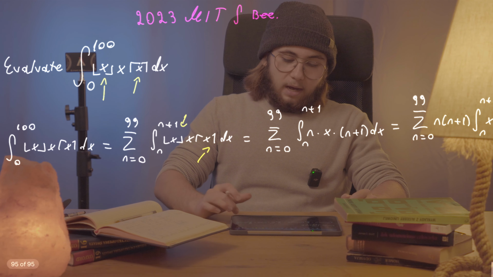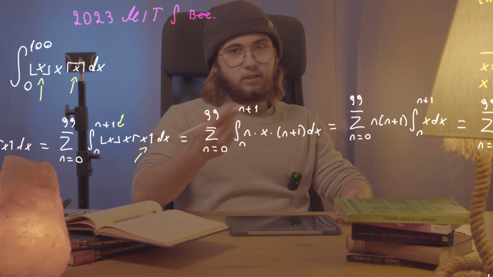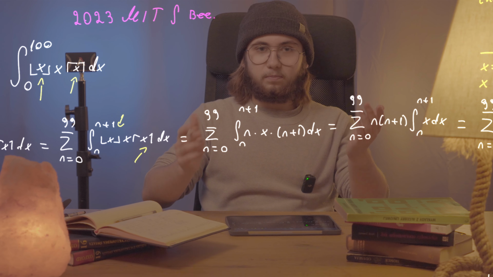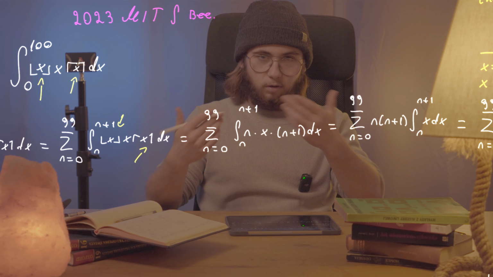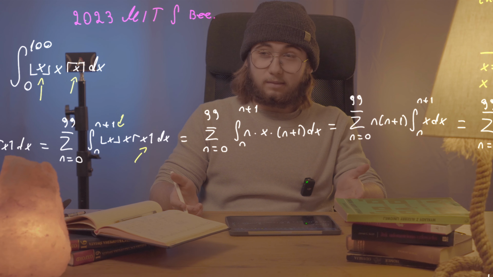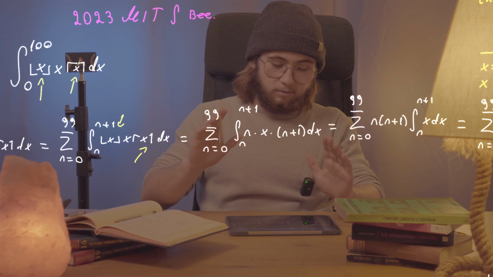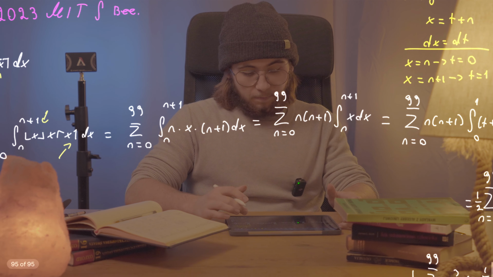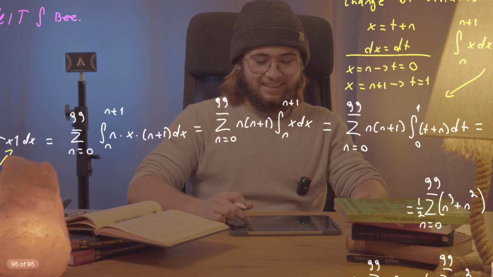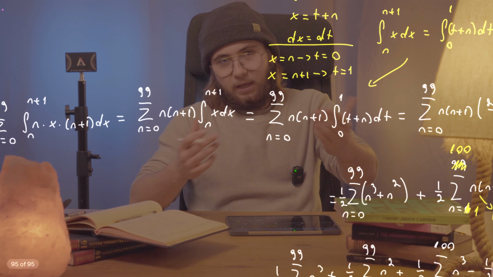Then we just took out those floor and ceiling functions, which turned out to be equal to the bottom and the upper bound of the interval itself. That was a nice trick, definitely.